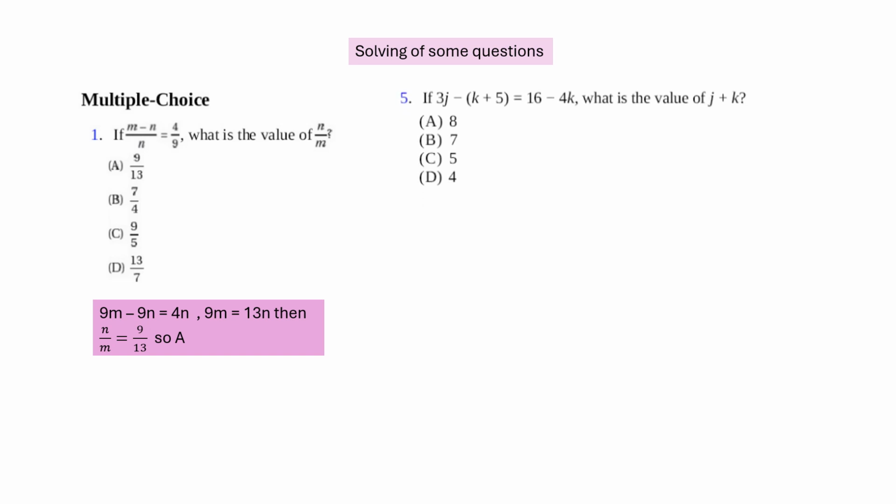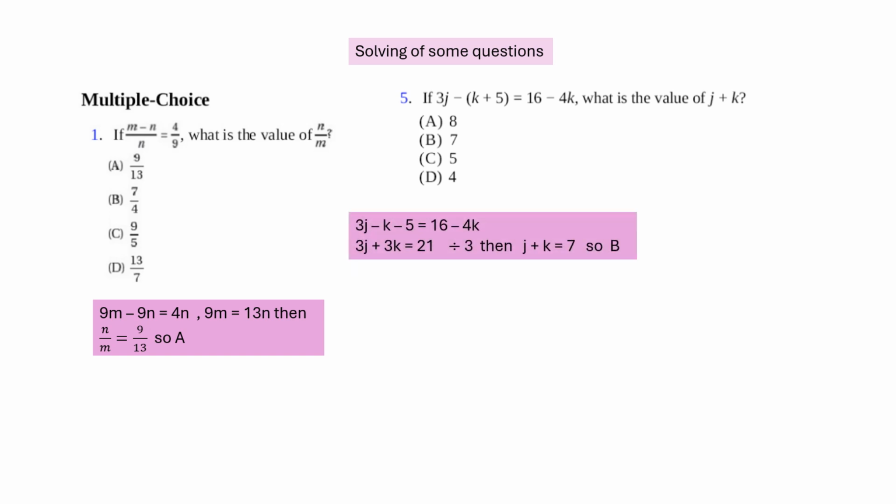I choose question 5. If 13j minus parentheses k plus 5 equals 16 minus 4k, what is the value of j plus k? As I said before, try not to do a scenario before you start solving, but try to do the correct step. The correct step: distribute the negative inside the parentheses.